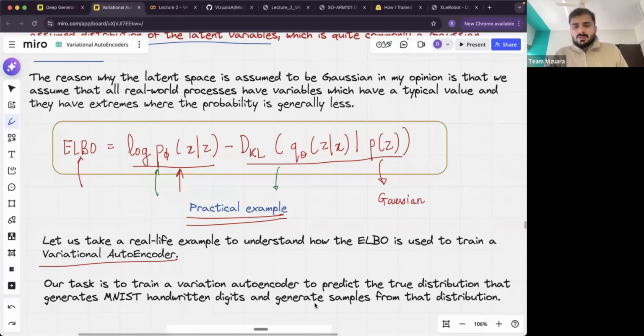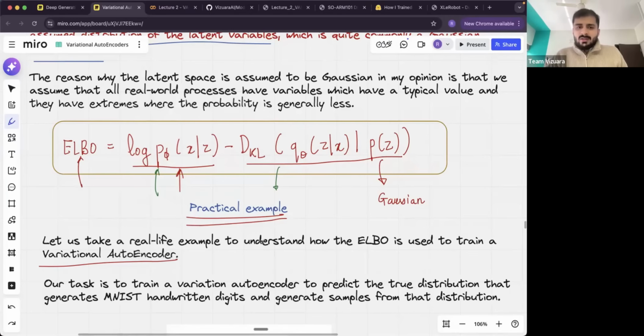With respect to your first question, how is the reconstruction error actually computed? That is a very interesting question. We are going to look at a practical example now so that you understand how it is calculated in practice. A lot of the concepts we have accumulated in this last hour or so will get reinforced as we go through the practical example.